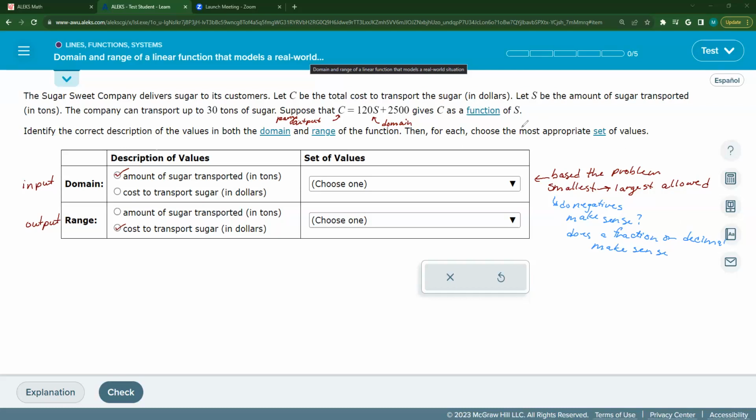All right, and then the last thing you're going to do is, does 0 make sense? Okay, so we've got 3 things that we're going to check. The largest is usually, either the smallest or the largest is stated in the problem.